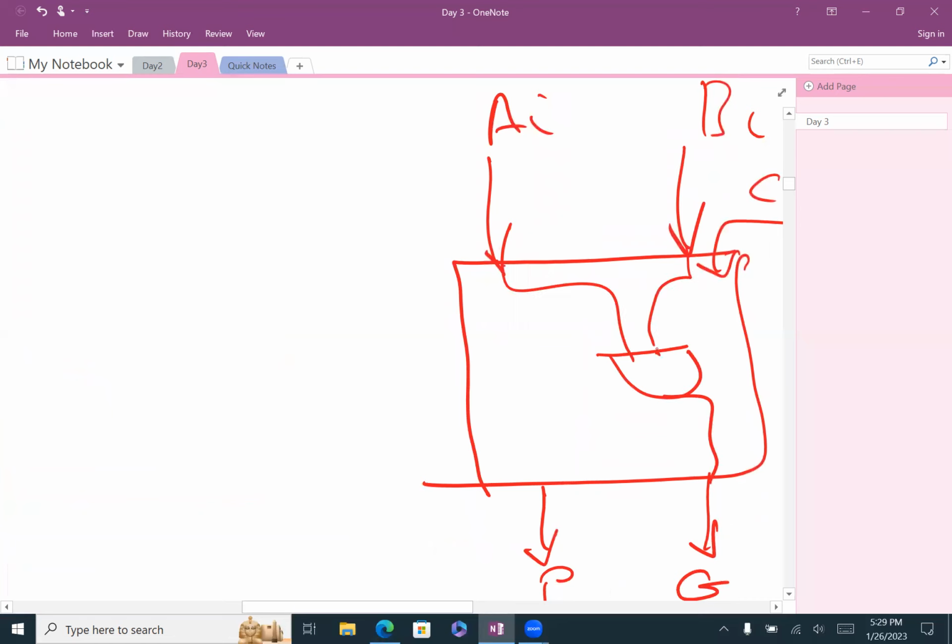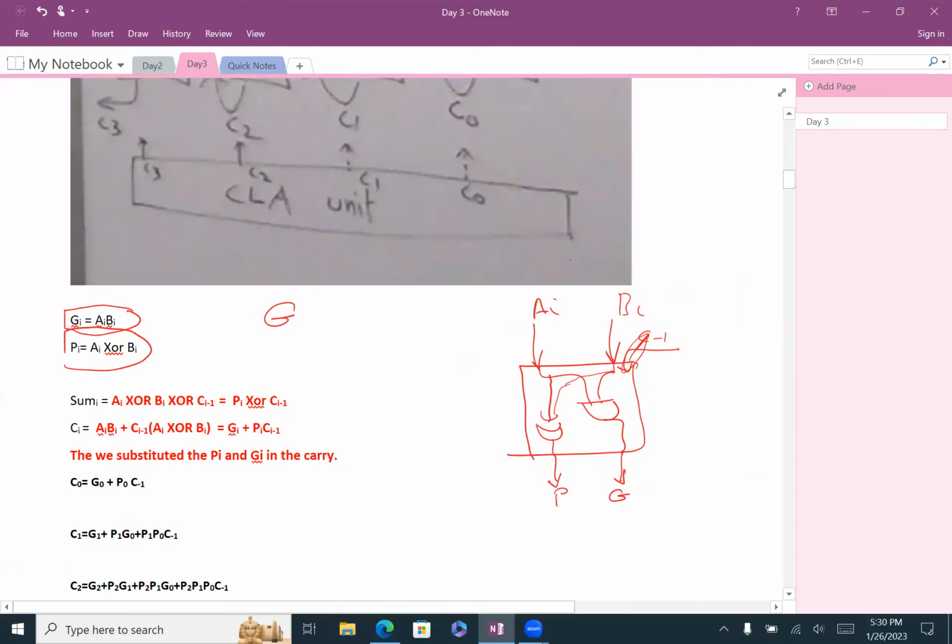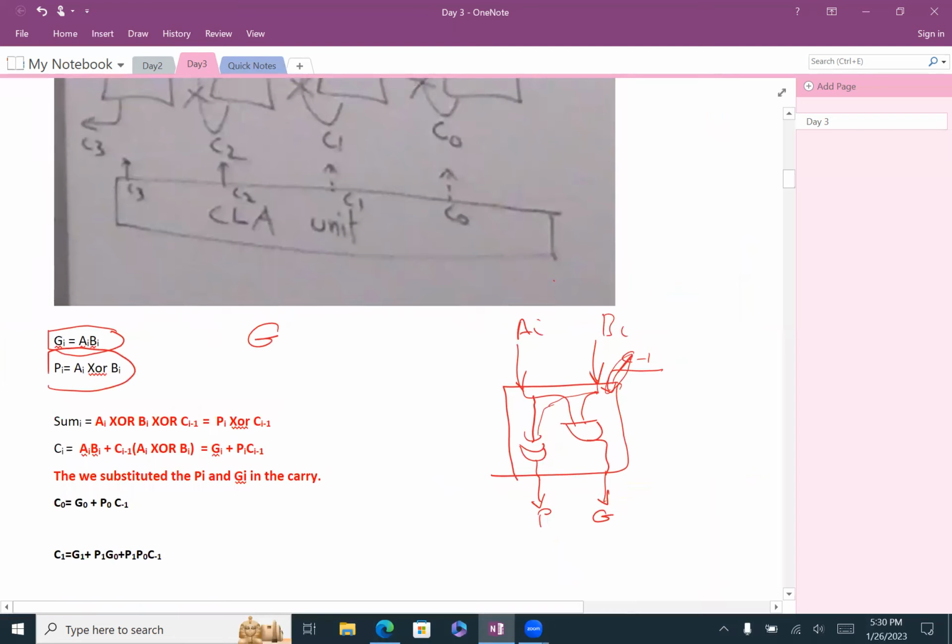So this B is going to be the XOR, and it's going to be A and B. Is there a need for C_{i-1}? It has no effect on these, correct? Oh, I'm sorry, it has an effect, but that's for the sum. So for the B and G it has no effect. So that's the B and G.